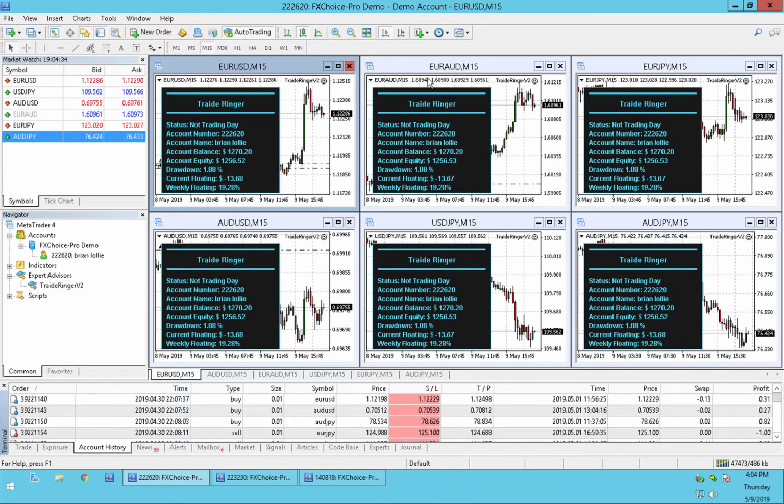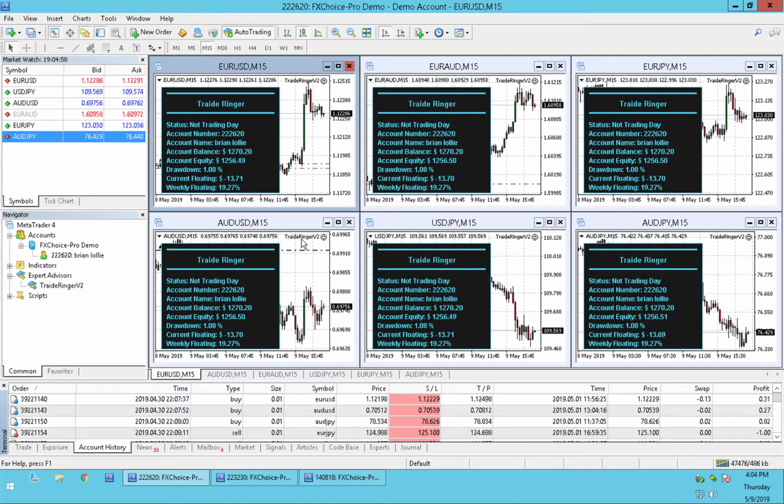There are 6 pairs that this software trades. The 6 pairs are the Euro USD, USD Japanese, the Australian dollar versus the US dollar, the euro versus the Australian dollar, the euro versus the Japanese yen, and the Australian dollar versus the Japanese yen.